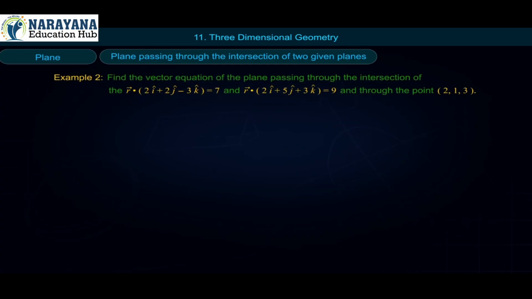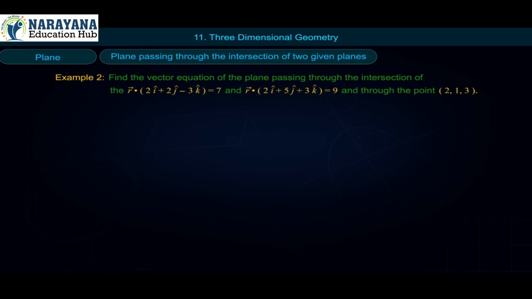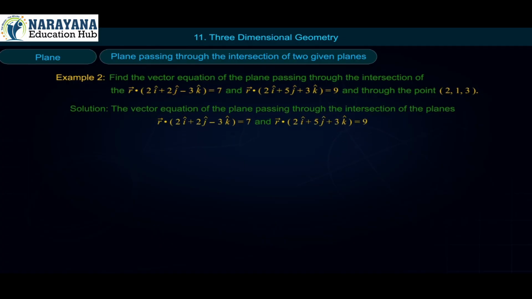Example 2. Find the vector equation of the plane passing through the intersection of the planes vector r · (2i cap + 2j cap - 3k cap) = 7 and vector r · (2i cap + 5j cap + 3k cap) = 9 and through the point (2, 1, 3). Solution.